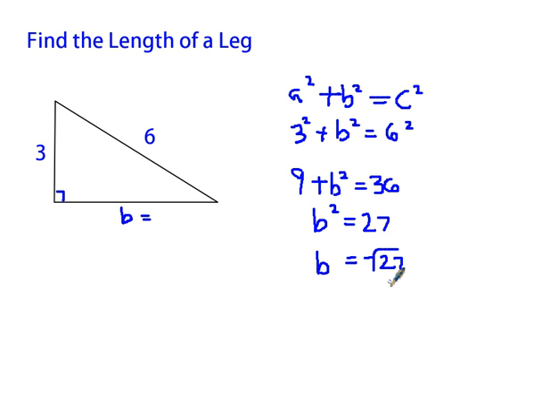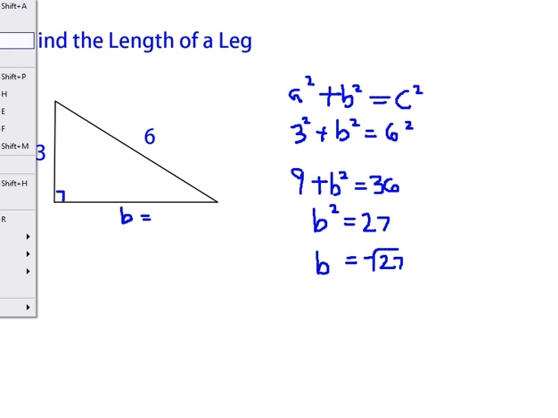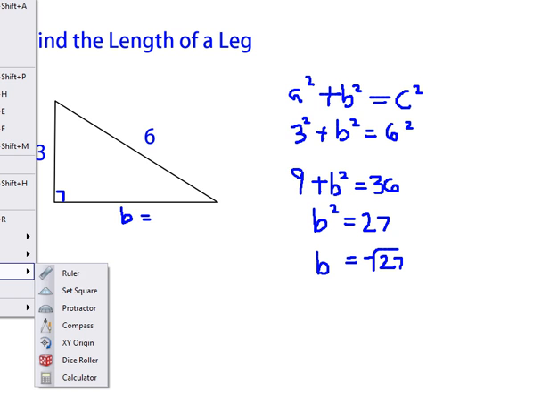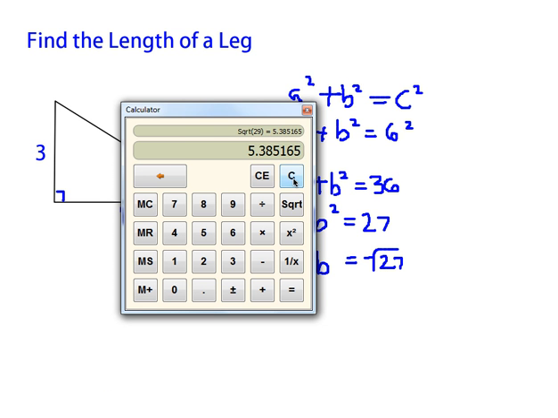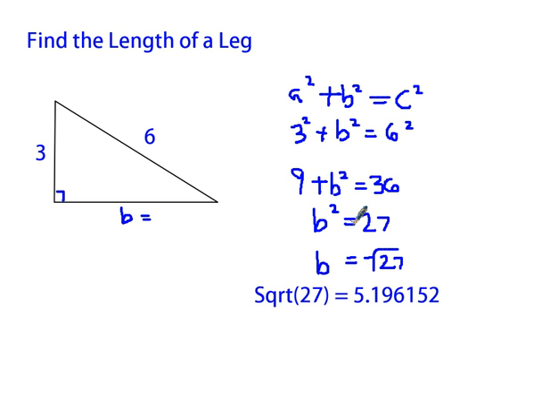And again, at this point, I need my calculator to check, but I know that 27 is slightly more than 25, so I would expect B to be a little bit more than 5. Clear, and now I say 27 square root, and if I wanted to round that to the nearest tenth, I would say that B is equal to 5.2.